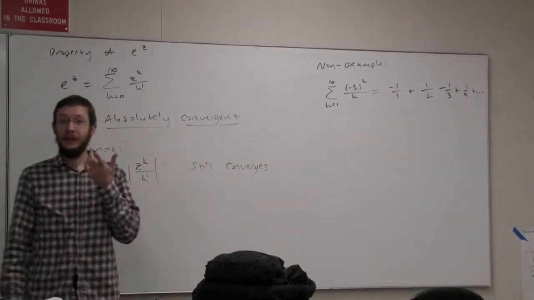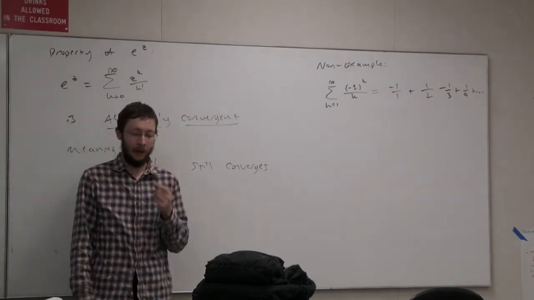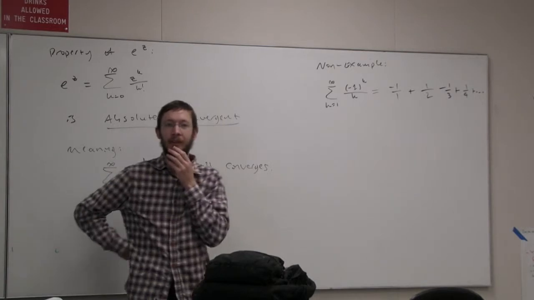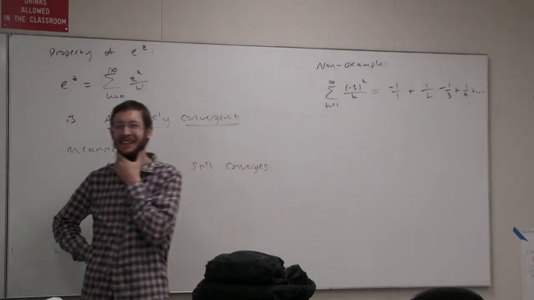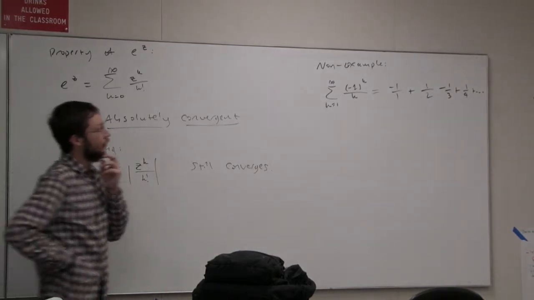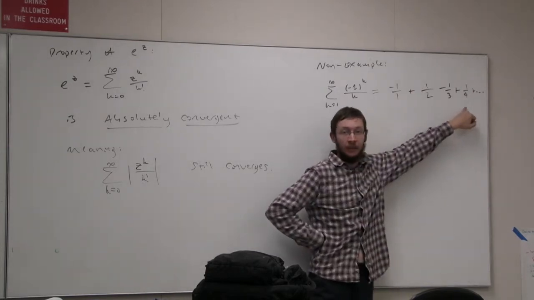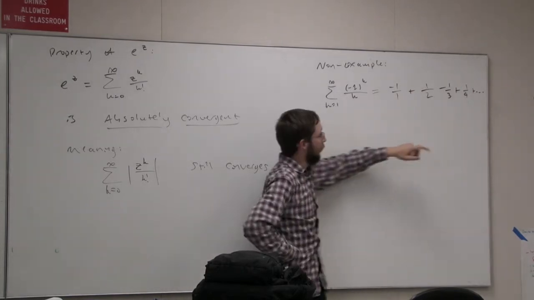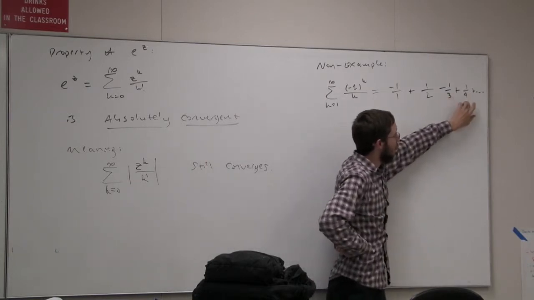And so this is an alternating series, right? And so you guys remember how can you determine if an alternating series converges? Don't remember? An alternating series converges as long as the size of these things approaches 0. So in this case, we see that this thing's 1, this thing's 0.5, 0.33, 0.25.